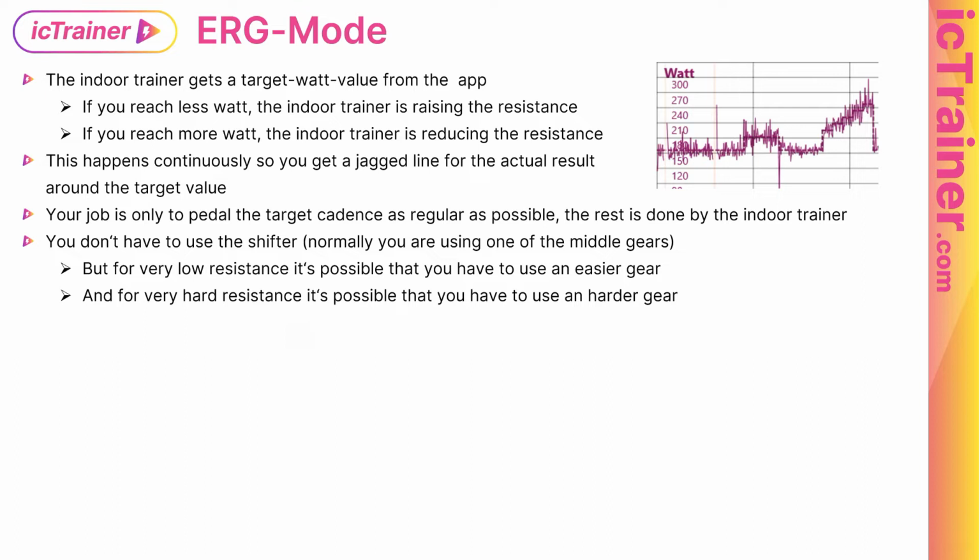Also, if your indoor trainer is not accurate enough, you can connect your indoor trainer perhaps with the power meter on your bike. This is possible, and then you can configure this in the app of the indoor trainer provider, for example in the power match mode, or with a power meter link, it's called.